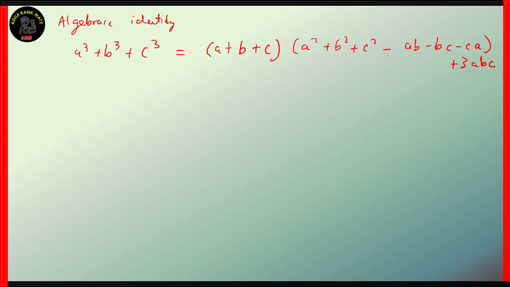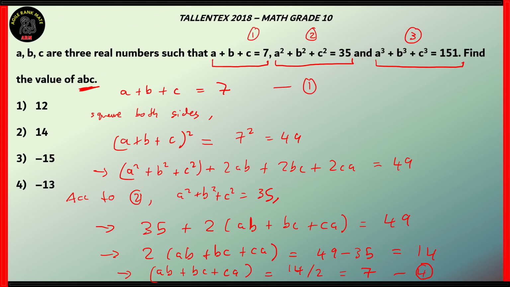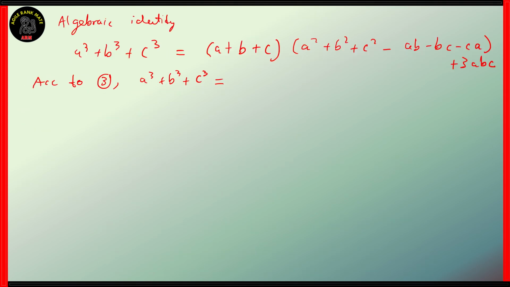So this is the actual algebraic identity. However, according to equation 3, the value of A cube plus B cube plus C cube is equal to 151. So we now know what's our left-hand side.